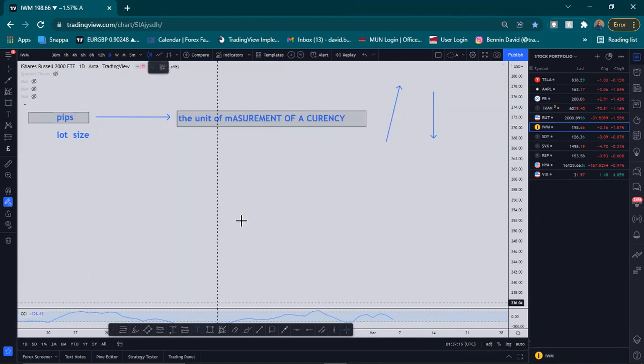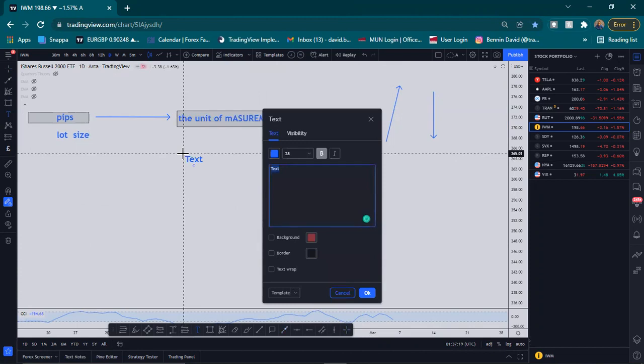So for us to do this, let's look at the structure of a currency or a currency pair. This is the basic structure of every currency. It is in this format: 0.0000.